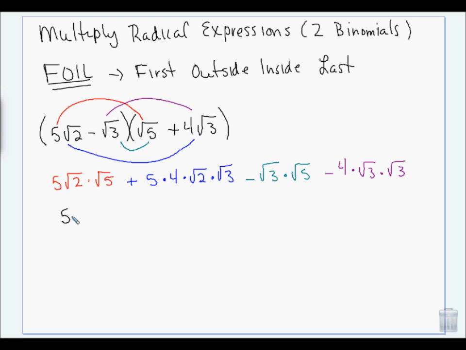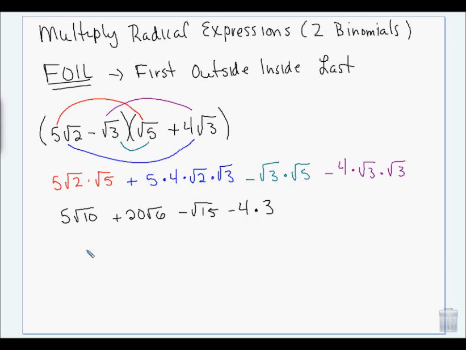This gives us 5 times the square root of 10 plus 20 times the square root of 6 minus the square root of 15 minus 4 times 3. Okay. 10 has no perfect squares, so I can't simplify that. 6, no perfect squares. 15, no perfect squares.